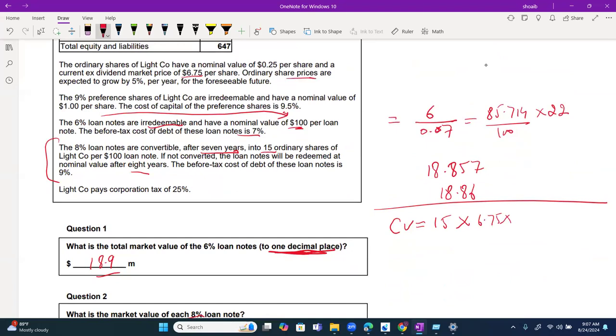And share prices will grow by 5% per year for 7 years. So it will be 1.05 raised to power 7 into 6.75 into 15. 142.47.